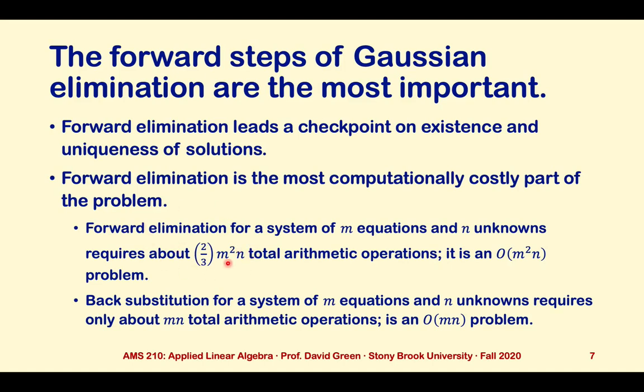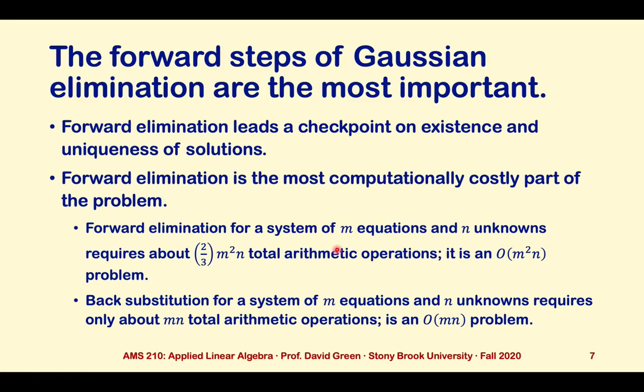But almost all of this third order cost comes from the forward elimination piece. If you work through the cost of the back substitution piece, it's much cheaper. It's only about an m times n cost.